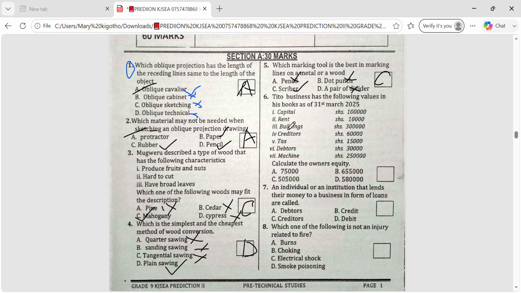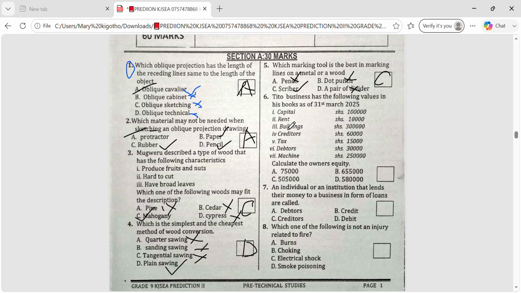A dot punch makes small identification marks rather than lines, and dividers are used for making circles or transferring measurements. So scriber, making lines on metal or wood. That's the answer, and the answer there is C.